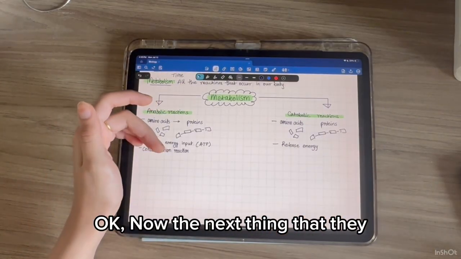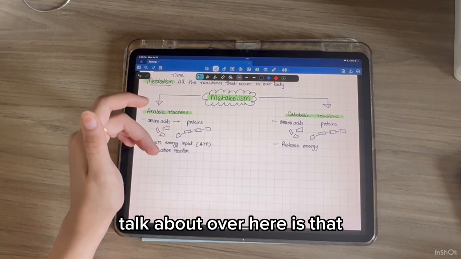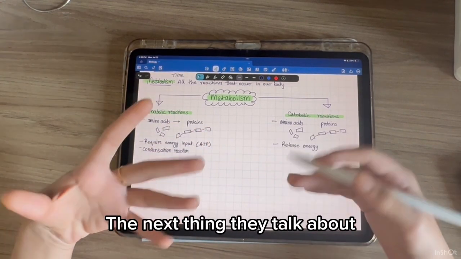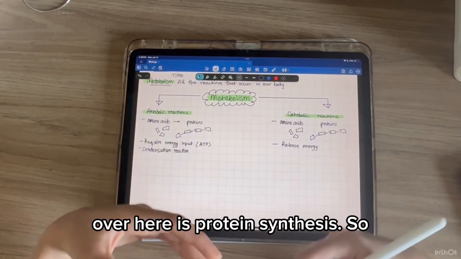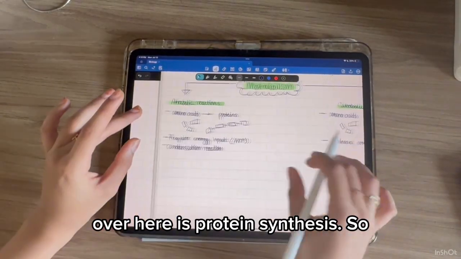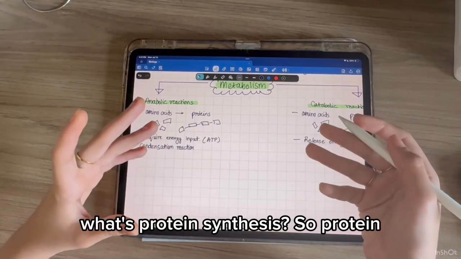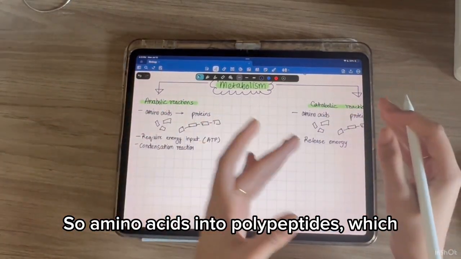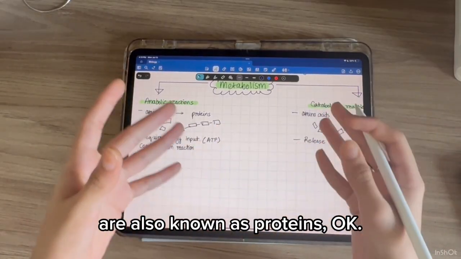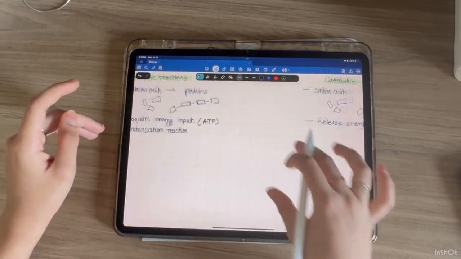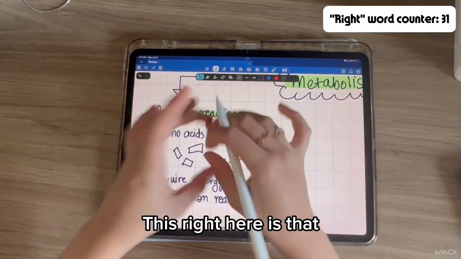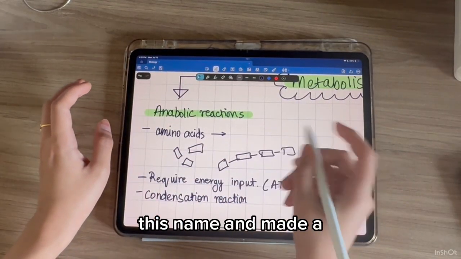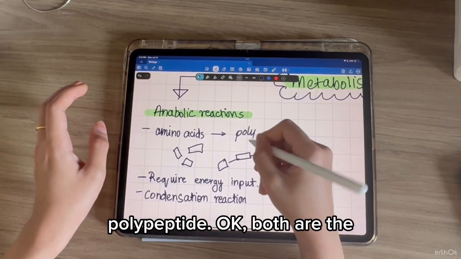Okay, the next thing they talk about over here is protein synthesis. So what's protein synthesis? Protein synthesis is basically amino acids into polypeptides, which are also known as proteins. Okay, this right here is that reaction, just that they've removed this name and made it polypeptides.